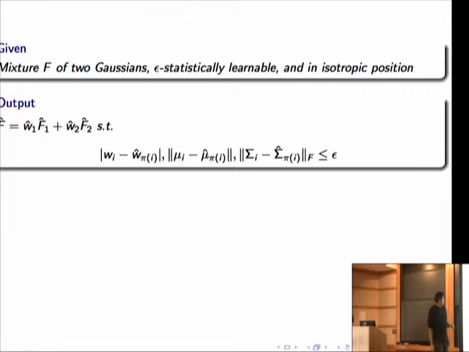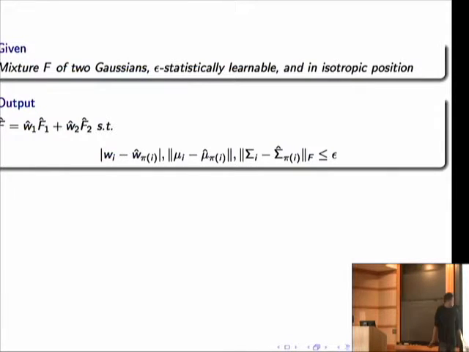Now what I want to do is learn some mixture of two Gaussians so that there's some pairing, so that across this pairing I get the mixing weights right, but also the norm of the difference in the means is at most epsilon, and the Frobenius norm of the difference in the covariance matrices is also at most epsilon. So this is the high-dimensional mean of the ith Gaussian.